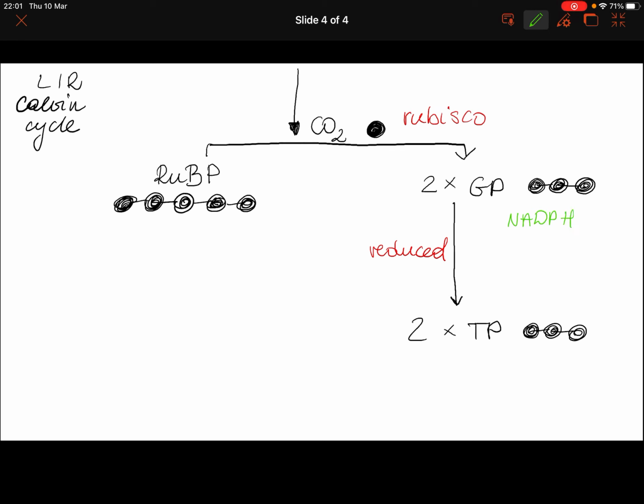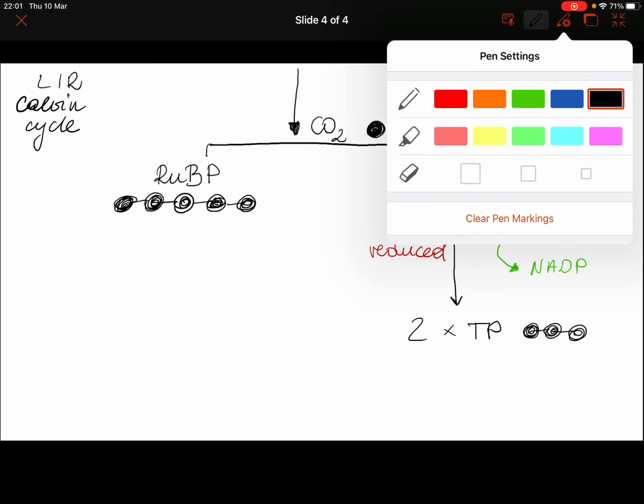Reduced NADP now is going to give out its hydrogens and electrons, so it's losing them, and if it's losing them, it becomes oxidized.